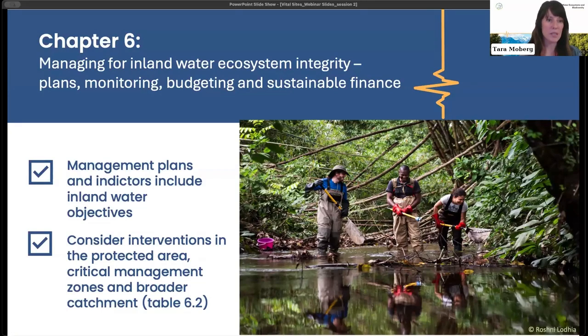But by participating in the policy processes or planning processes at those scales, you may be able to influence the conditions of connectivity, water quality, and environmental flows that will be absolutely critical to the conservation objectives of your area. Next, please.